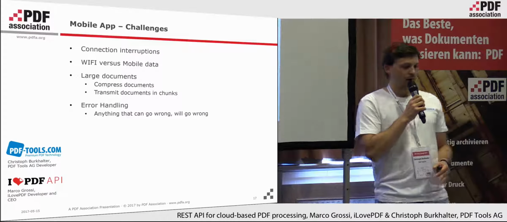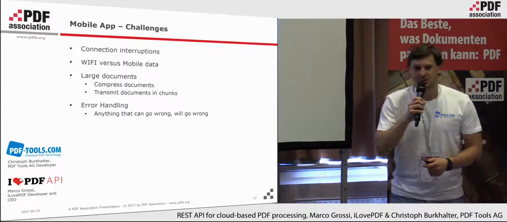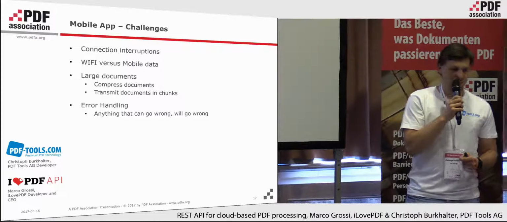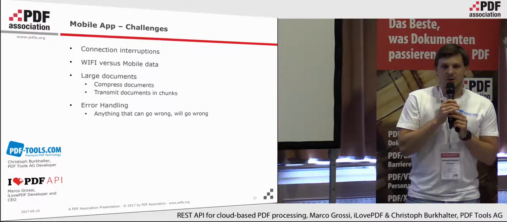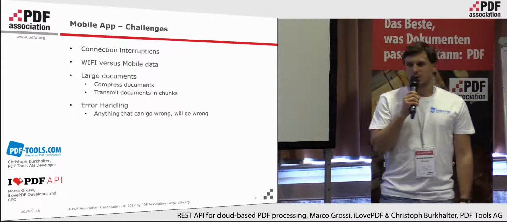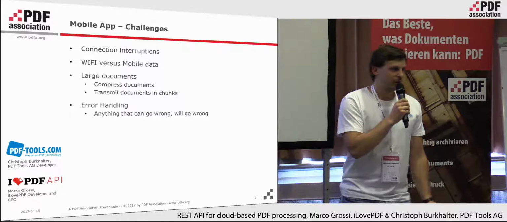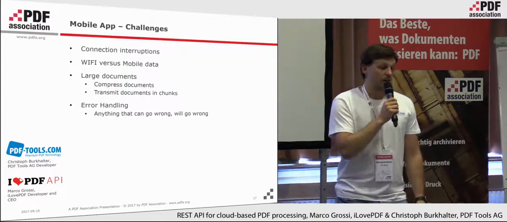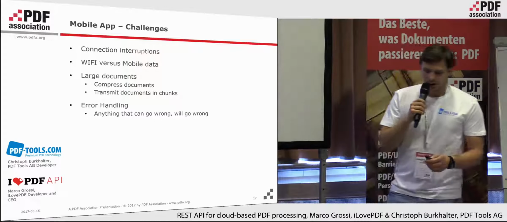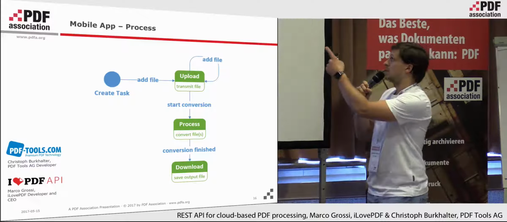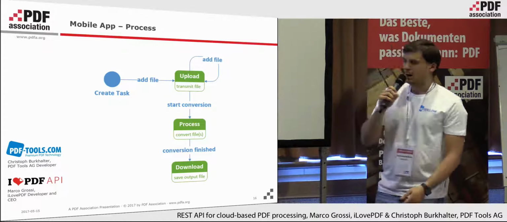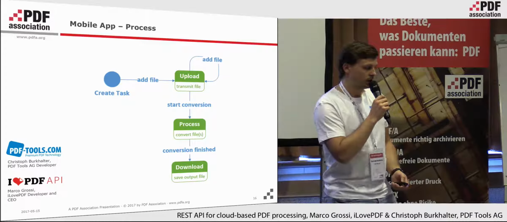Now, there are many challenges in this process. Mostly if you're on a mobile device, you're on the road, the connection can be lost, it can be interrupted, it can be slow. So at any point during the transmission, the connection can fail or be lost.